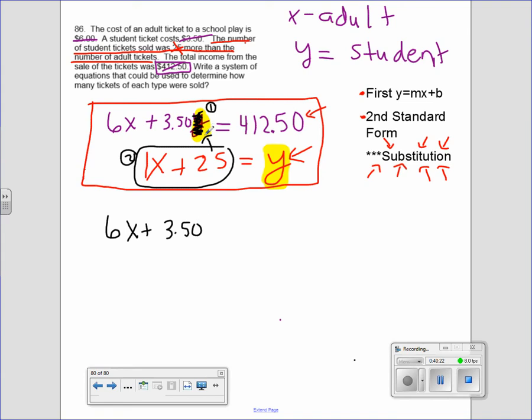Now we get to the y, or player 1, and he's injured. So he's gone. And in parentheses, I need to put in his backup player: 1x plus 25. And that equals 412.50. And you can solve that on your own with the note of, when we see parentheses, we distribute.